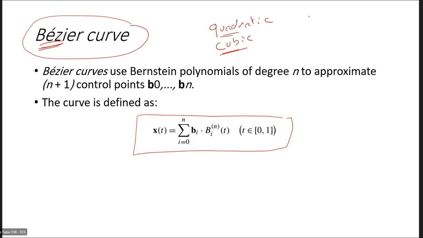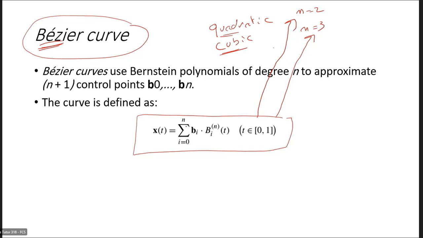Here we have a Bezier curve with order 2, and here we have a Bezier curve with order equal to 3. Now, what is the general formula of the Bezier curve? This is the general formula. From this general formula, we can derive the formula of the quadratic curve, and also the formula of the cubic curve.